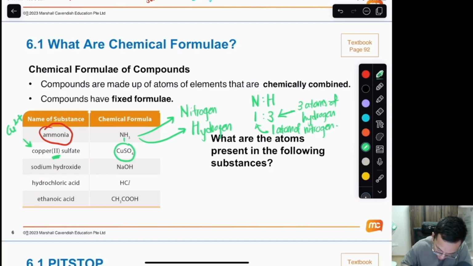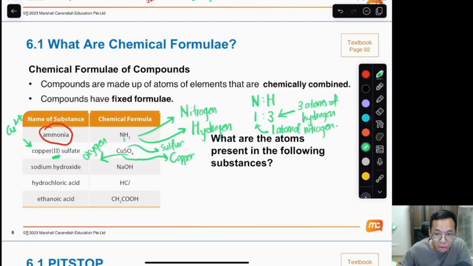Here you have Cu, which represents copper. You have S, which is sulfur, as well as O. Sorry, I think I wrote it here. O, you have oxygen. But take a look here.